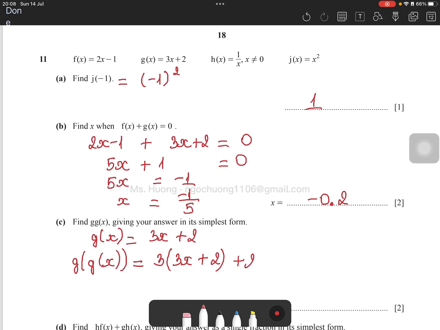Then we add 2 again. 3 times 3x is 9x. 3 times 2 is 6. And then we add 2. Now we simplify this. It is 9x plus 8. Because 6 plus 2 is 8.